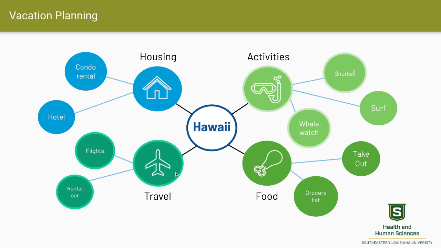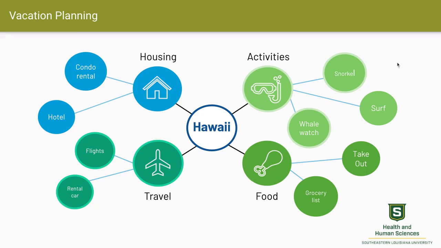Then they've used green, light green at the borders and dark green on the inside, to say anything that is green is travel. Anything that is light green inside the circle and light green at the border is activities, and anything that is dark green full is food.